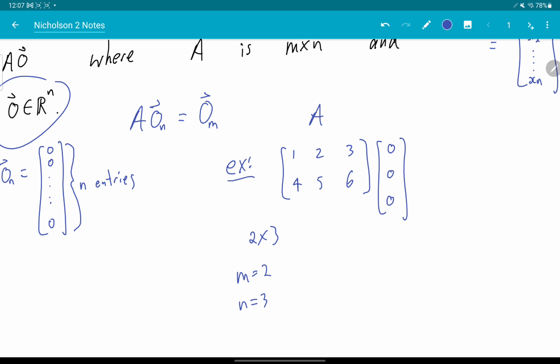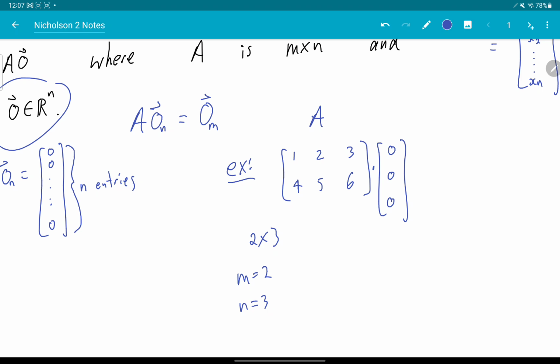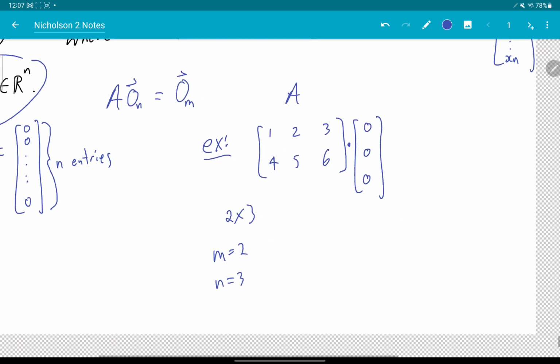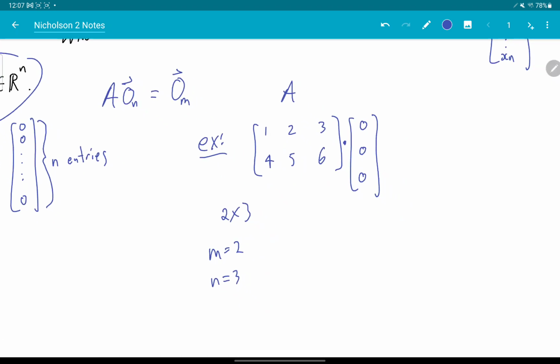We do not define this product. This product is not defined. We just refuse to talk about it if the number of columns here does not equal the number of entries in the vector. So if your matrix vector product does not make sense, then you just refuse to talk about it and say DNE. For that reason, I had to put 3 zeros here. I had no choice but to put 3 zeros there.